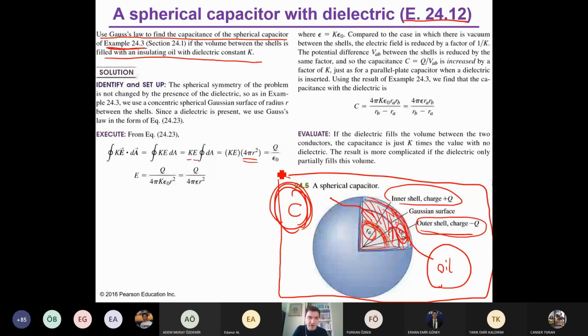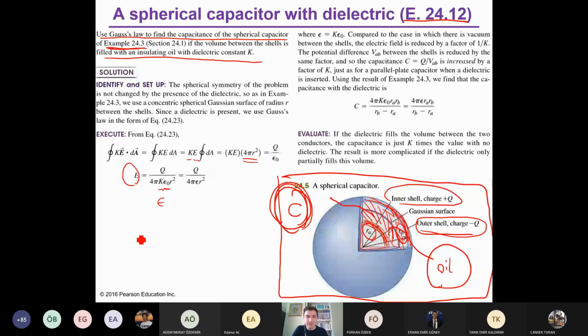Finally we have this electric field, Q over 4 pi K epsilon 0 R squared. Here we have K epsilon 0, which is epsilon, the permittivity of the dielectric material. Then here we have the electric field.